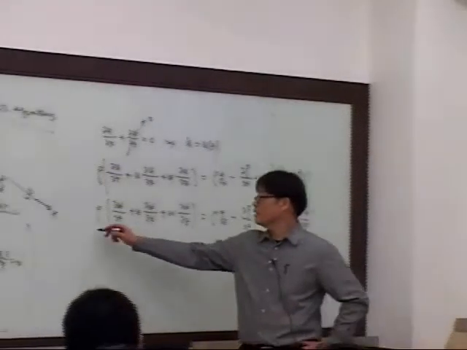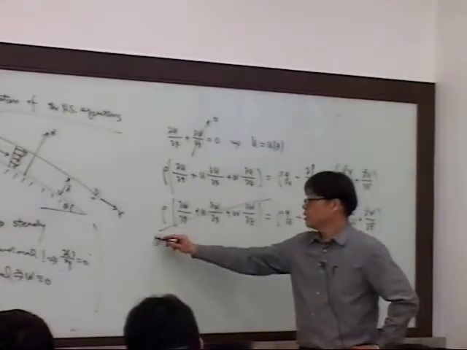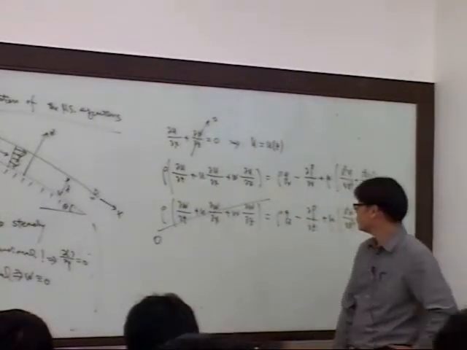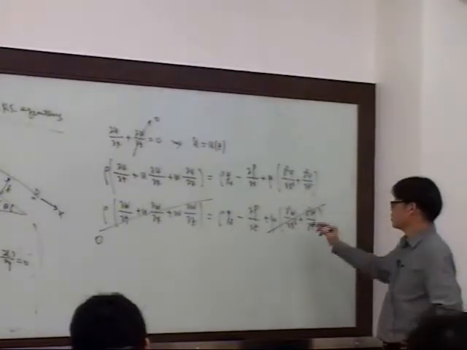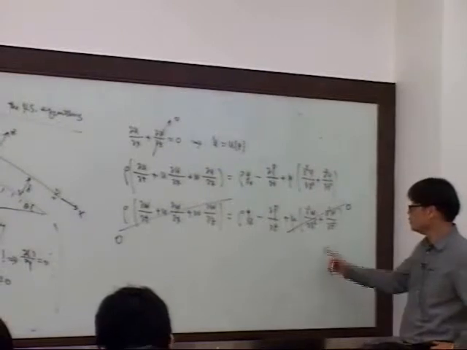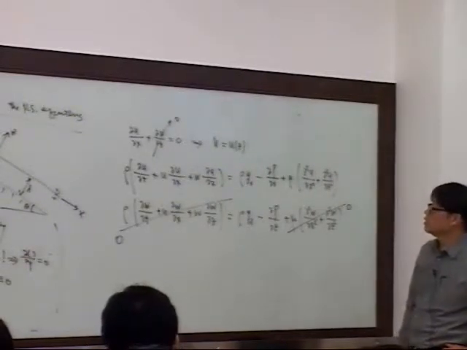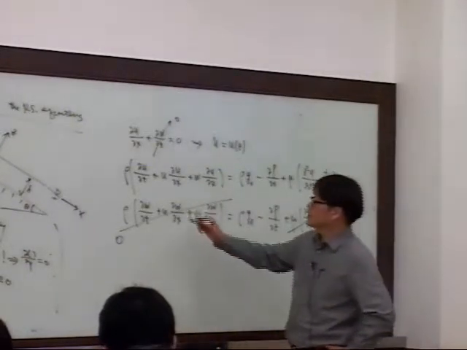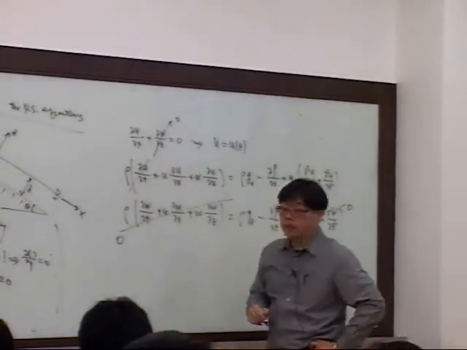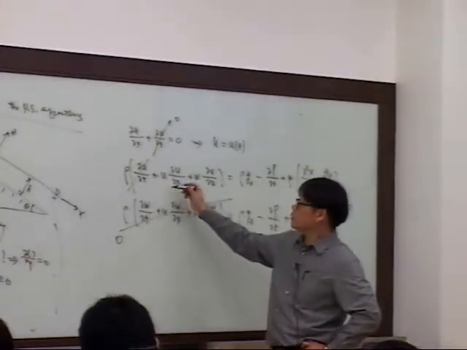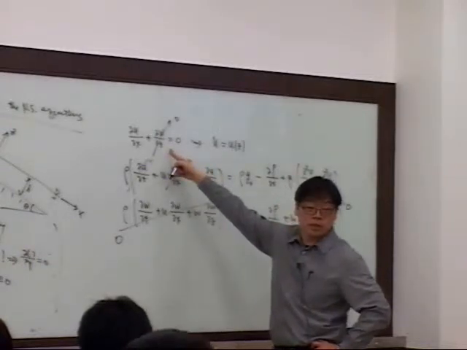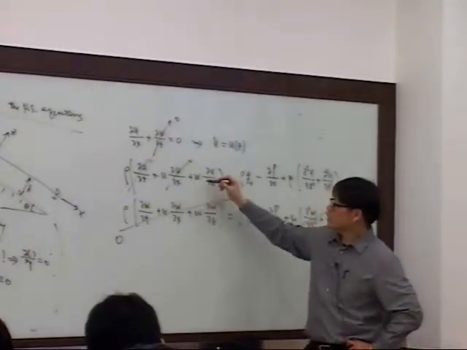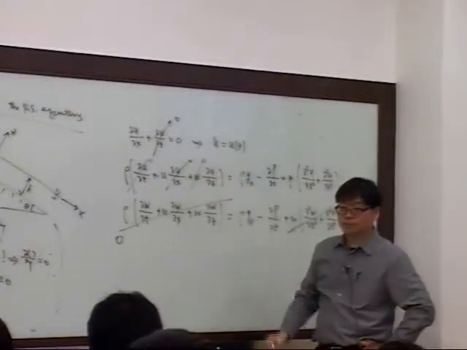These are all 0 because w is 0. These are 0 because w is 0. This guy is 0 because it's steady. This guy is 0 because du dx is 0. That's what this continuity equation says. And this guy is 0 because w is 0.